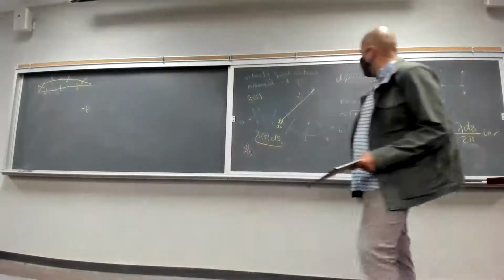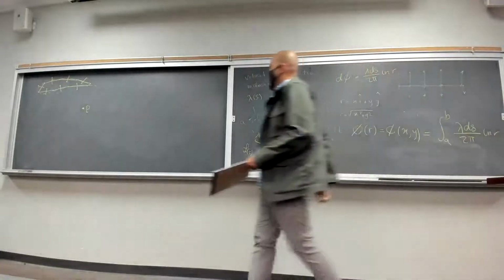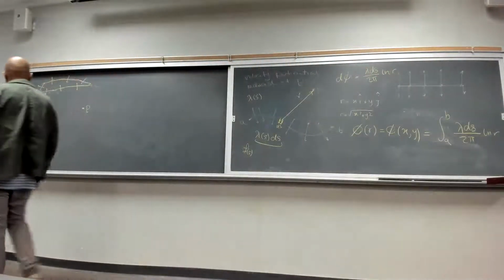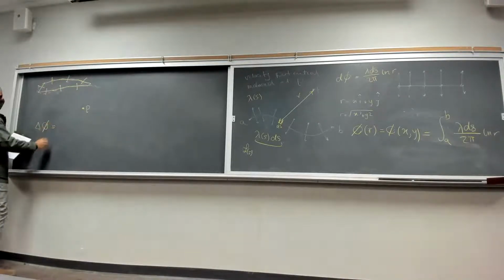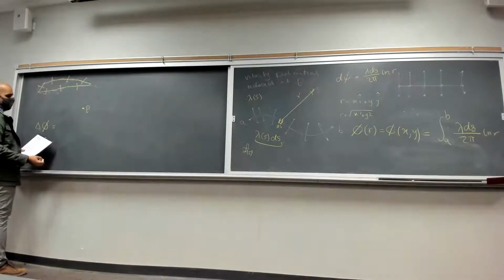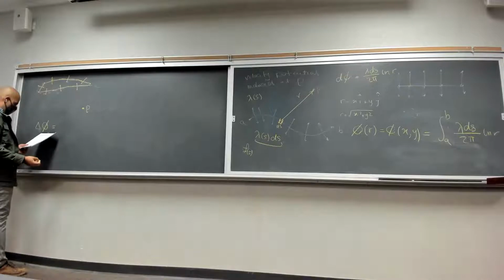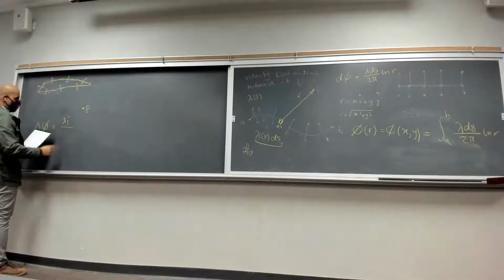Here, we were dealing with d of phi, the derivative of phi, a small element of phi. But now that we have moved on to panels, we are going to deal with delta phi, which is going to be equal to lambda of each panel, lambda of j.